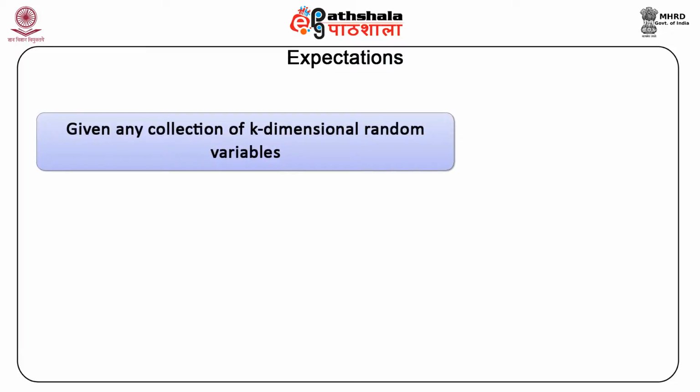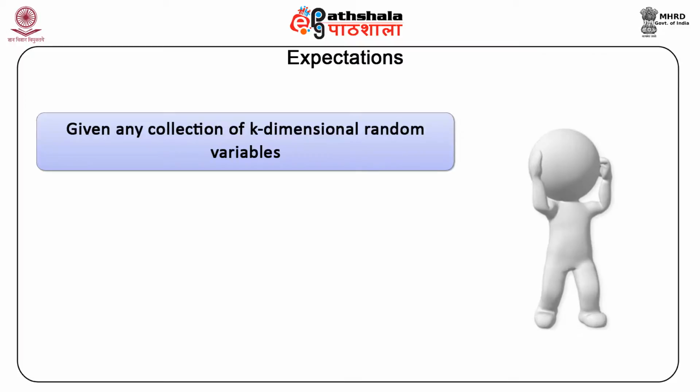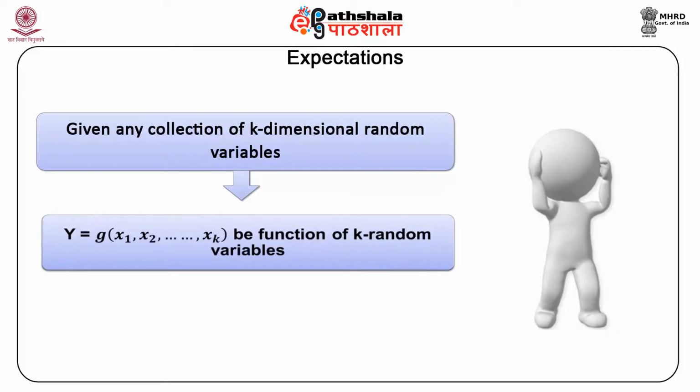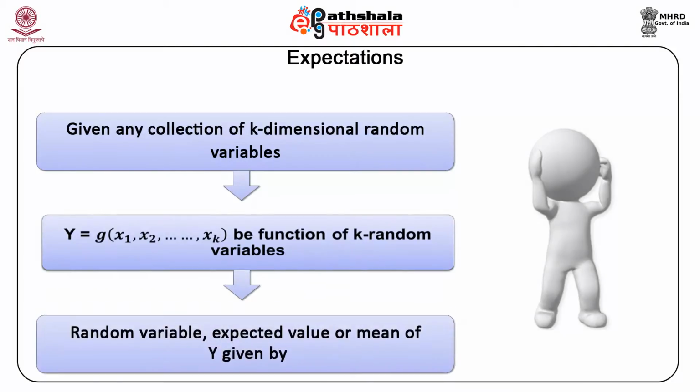Given any collection of k-dimensional random variables, where y is equal to g(x1, x2, up to xk), it is a function of the k random variables and itself is a random variable.